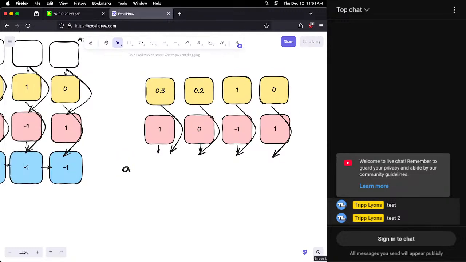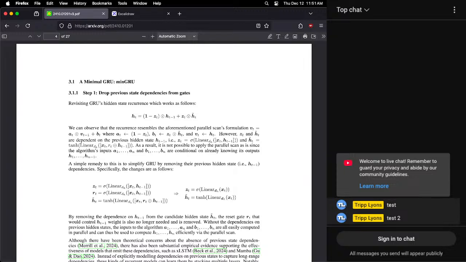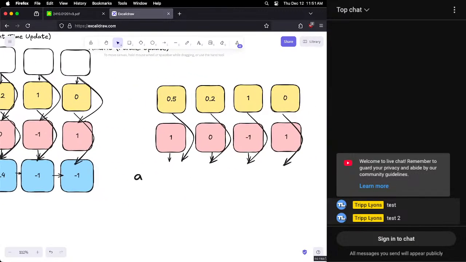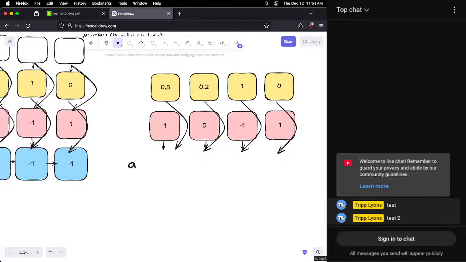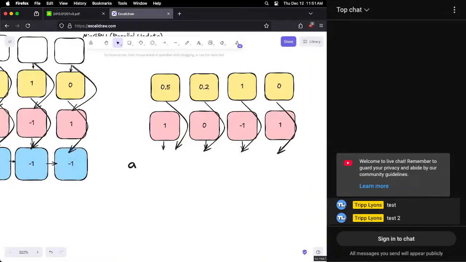So A can be initialized as 0, I believe. Or maybe I should skip that. Oh no, A is just 1 minus Z. That's the weight. Yes, okay.